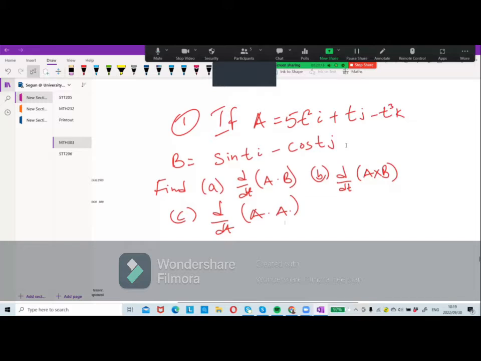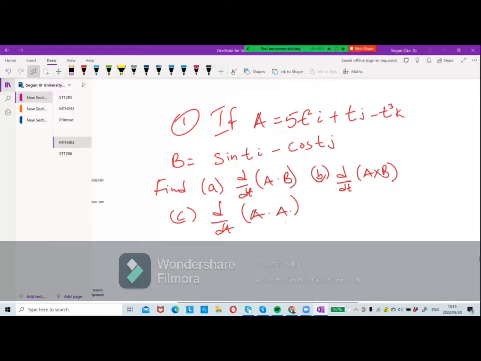There are two ways of solving this particular problem. One is differentiating it dot by dot.